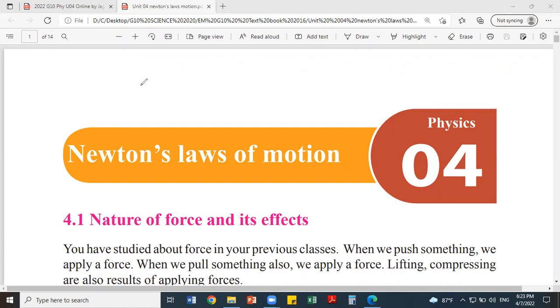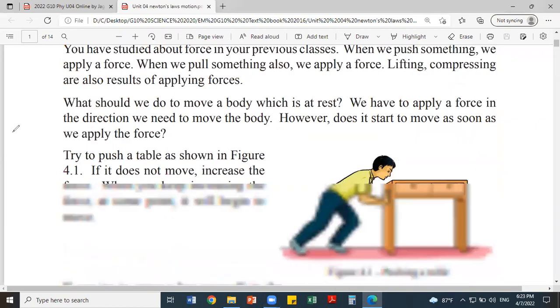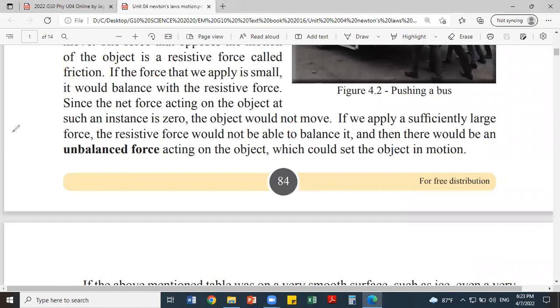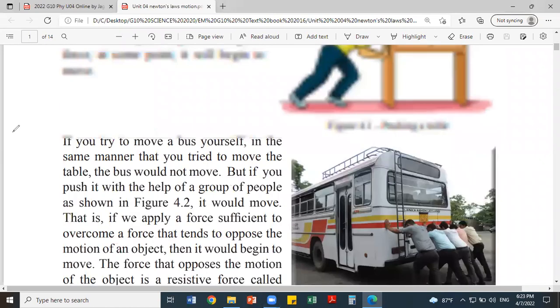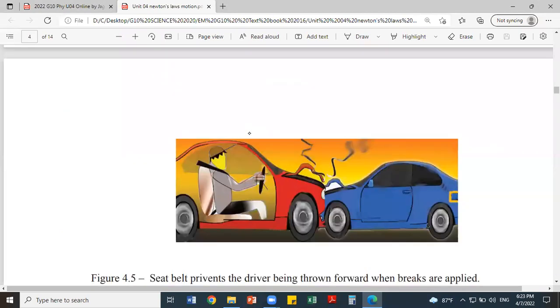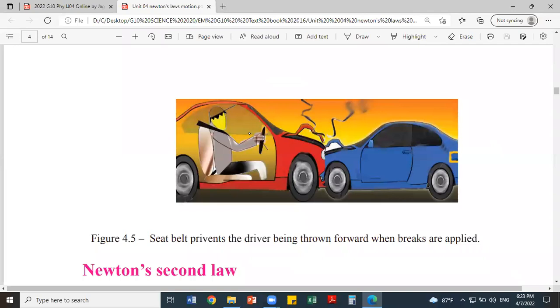Right. So this is the fourth lesson. You can see the Newton's laws of motion they have given. Force means it can be a push or a pull, right? It can be a push or a pull. And you can see the page number in your textbook. Look at this screen, everyone.